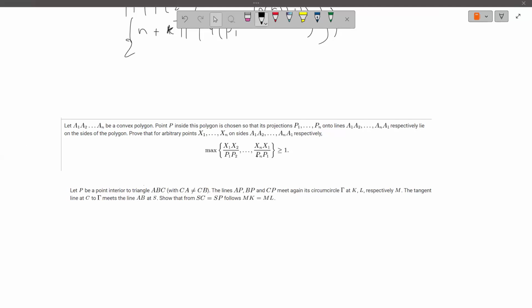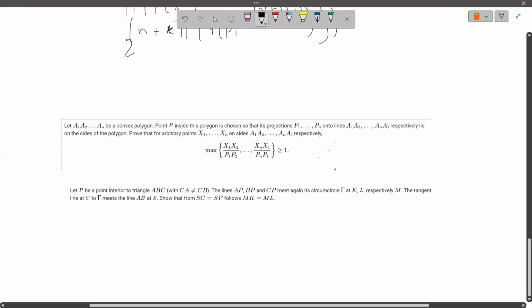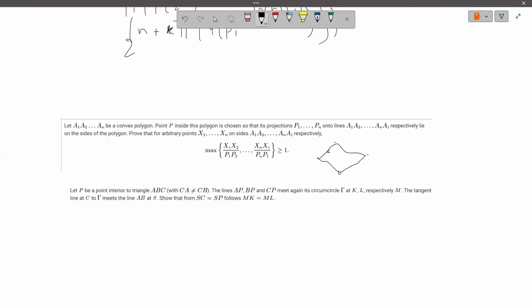The second problem is essentially that if you take a polygon and consider random points on its sides and then make circles through these consecutive points, then these four circles, or n circles for a general polygon, will cover up the entire polygon. That is what the problem reduces to.